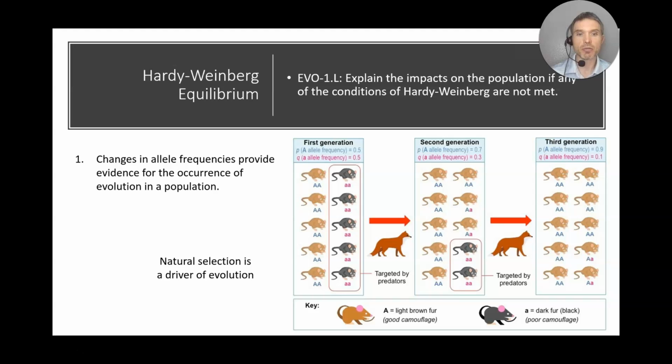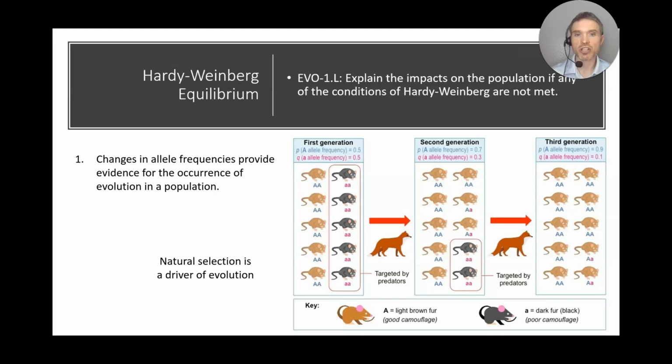So in this example right here, we can see our population of brown mice and black mice. Brown mice are represented by big A, which is the dominant trait, and black mice are represented by lowercase a, homozygous recessive.